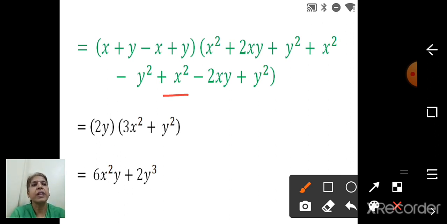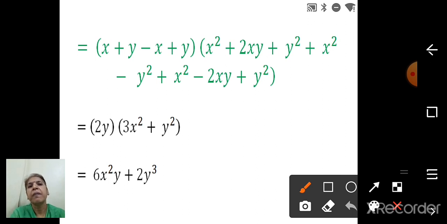Then 2xy minus 2xy will become 0. Then here it is y square, here it is minus y square. So y square minus y square, 0. Only one y square is remaining. So what we have got is 2y the whole bracket multiplied with 3x square plus y square.